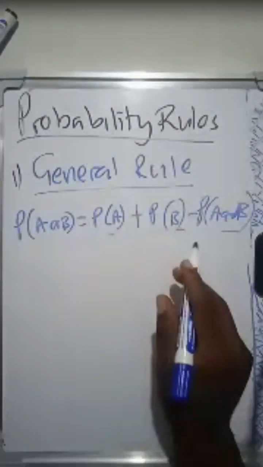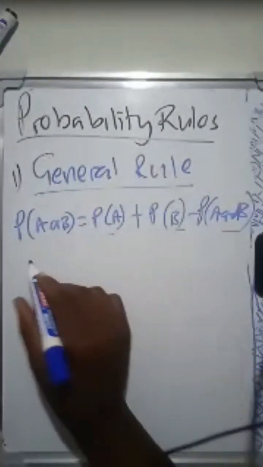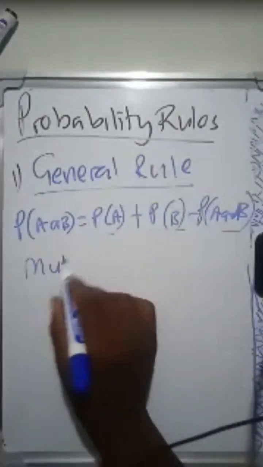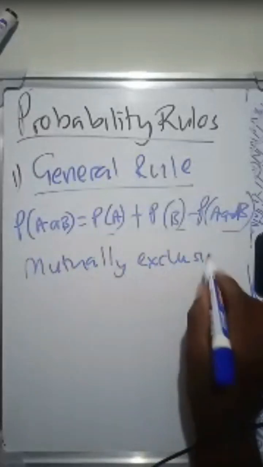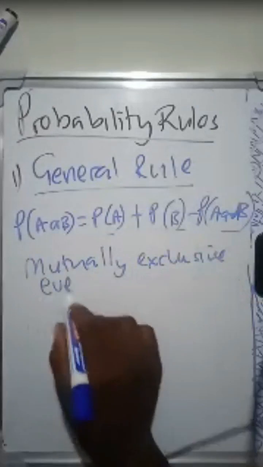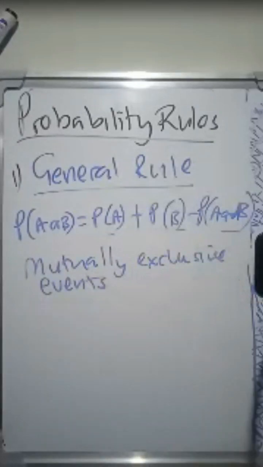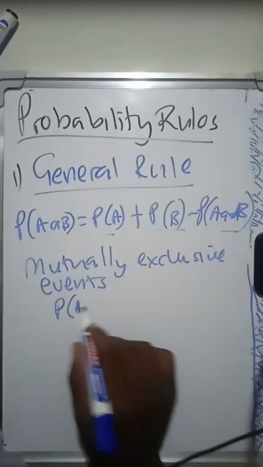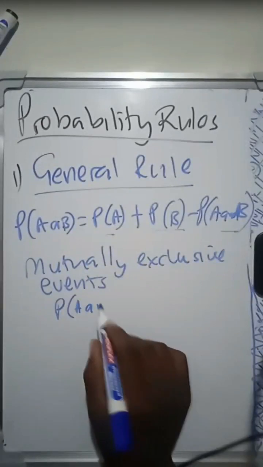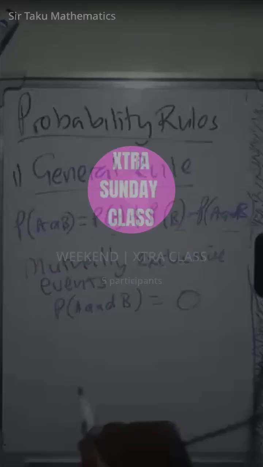But for mutually exclusive events, remember we said mutually exclusive events are events that do not have common outcomes. So it means the intersection is 0. Therefore, the probability of the intersection is equal to what? 0.